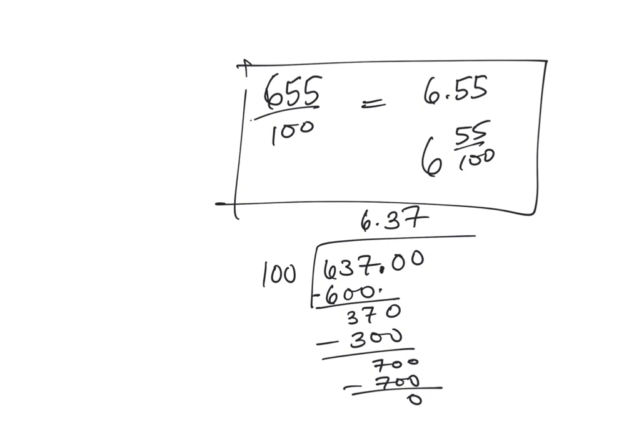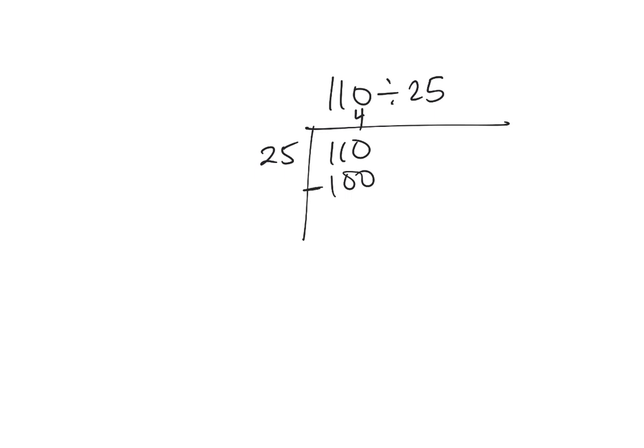So if we have a situation like 110 divided by 25, you have a divisor and a dividend. You say, how many times does 25 go into 110? We know it's 4 times. 4 times 25 is 100, and then minus. That leaves 10, and we'll add the 0 as we need to.